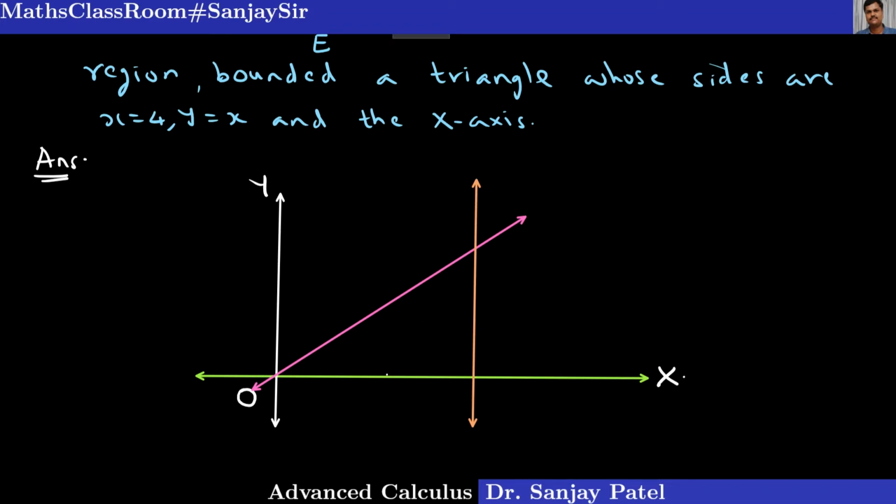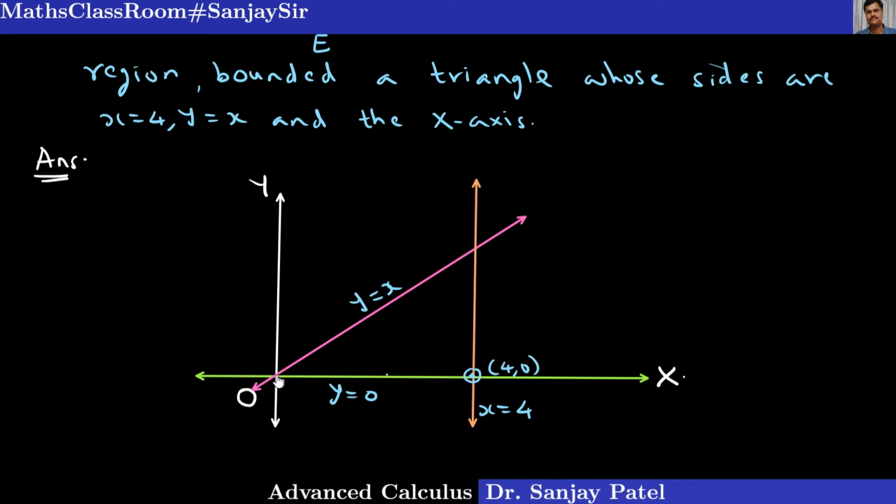Say this is the line x-axis, which is given by the equation y equal to 0. Equation of y-axis, you know, x equal to 0. This is the line y equal to x, and this vertical line is x is equal to 4, and the point at which it is intersecting the x-axis is obviously 4 comma 0.